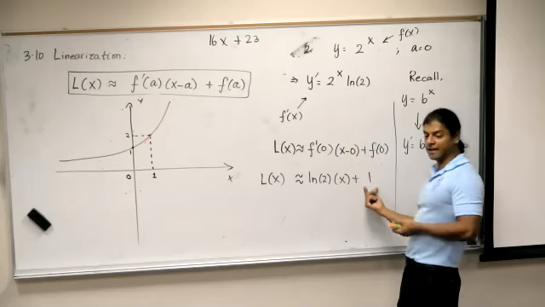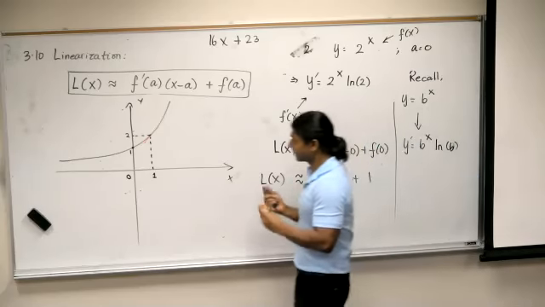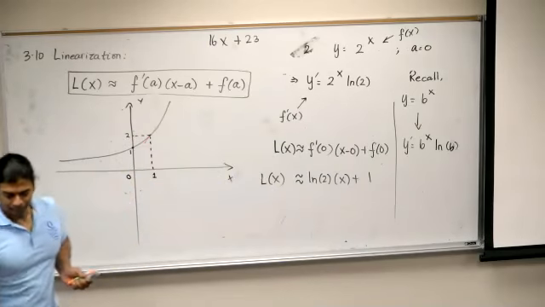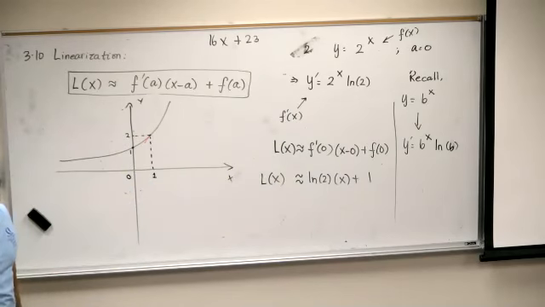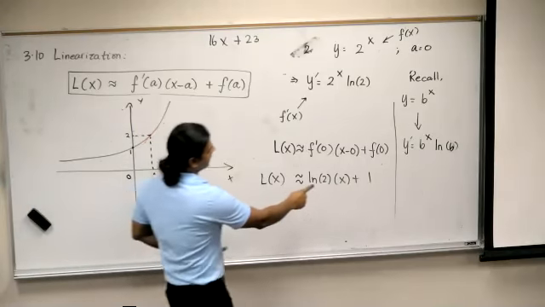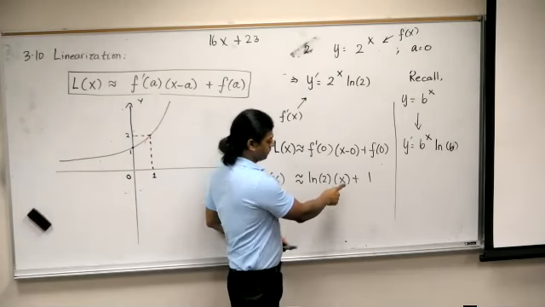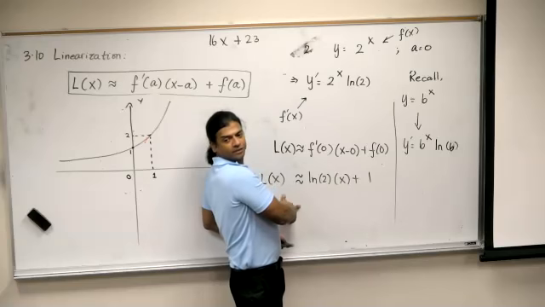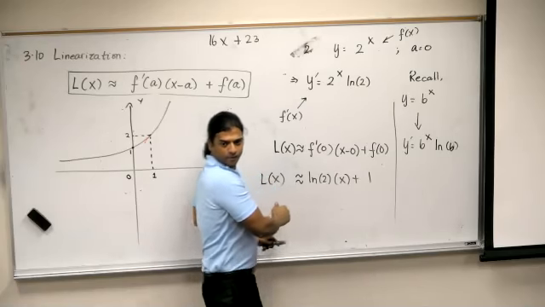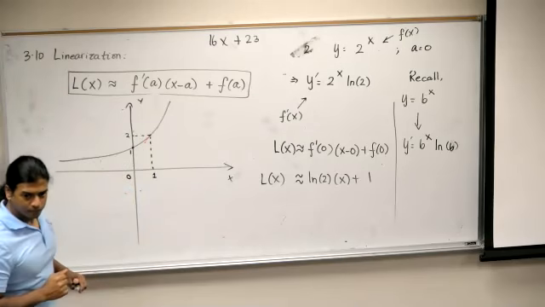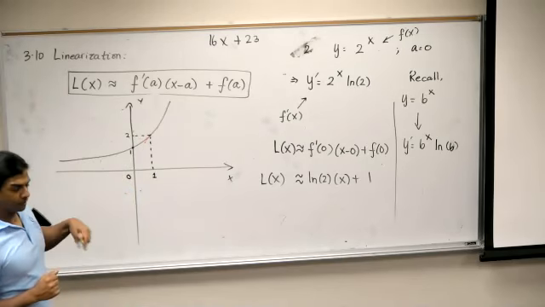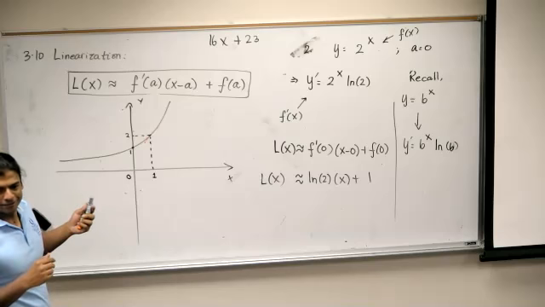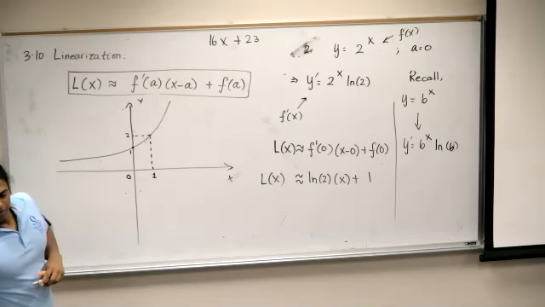Instead of 23, I have 1. But still, I have a line. But why are we adding 1? Because if I evaluate at 1, I would get 1 plus ln of 2. So are we evaluating, we're not adding it before? Yeah, it doesn't matter.